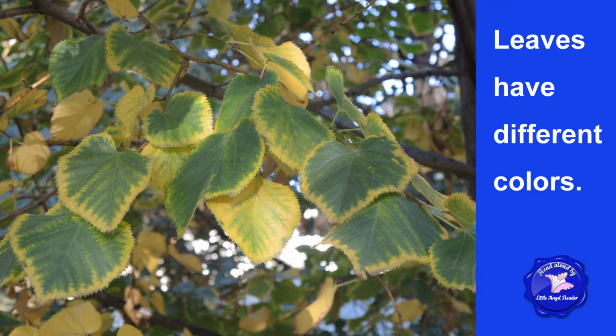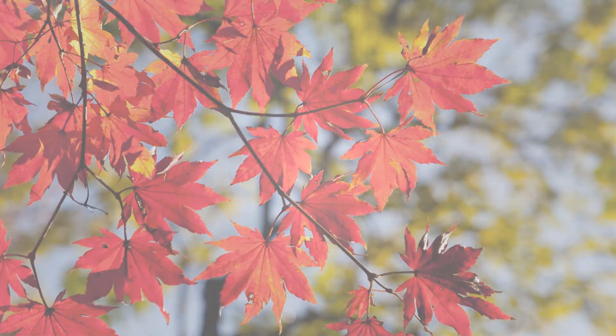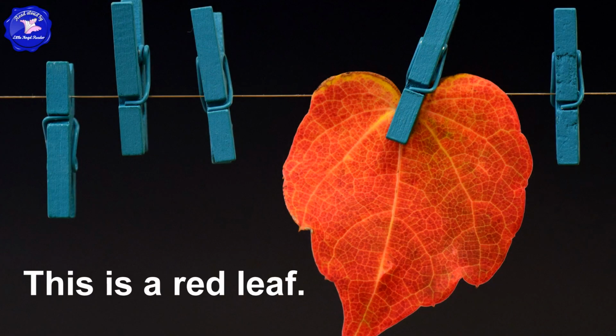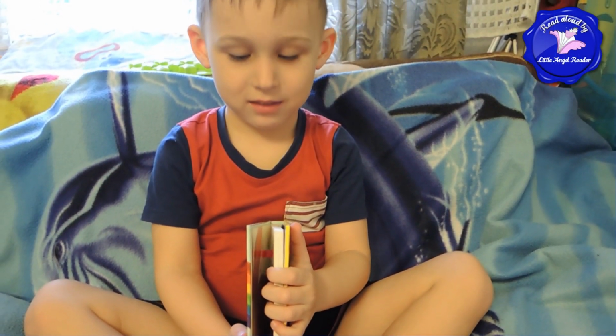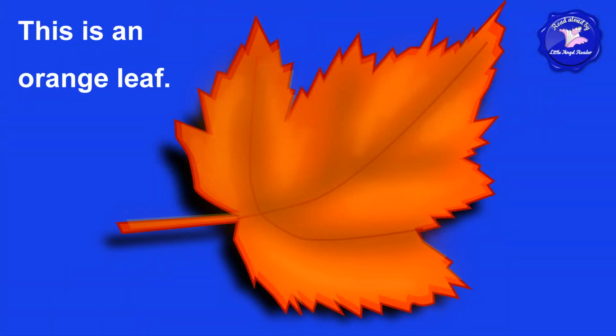Leaves have different colors. This is a red leaf. Red. This is an orange leaf.